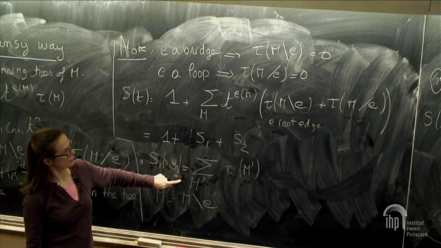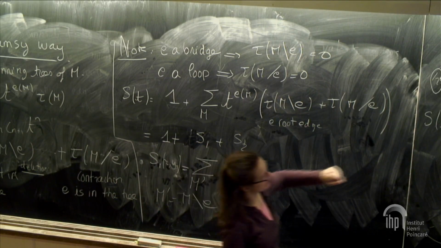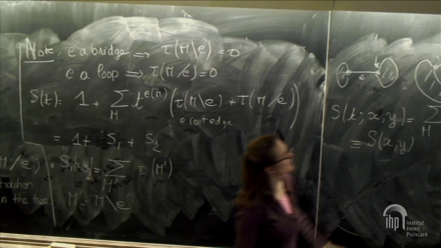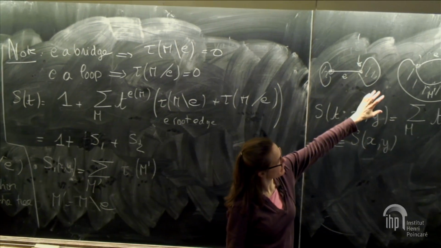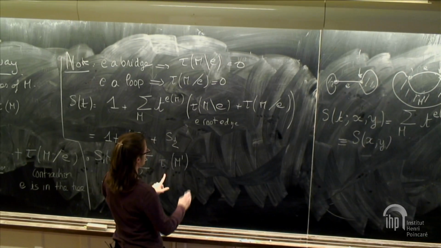So I get back to finding S1. That is, I get back to this picture. And so I take some M prime, which has a certain outer degree D.